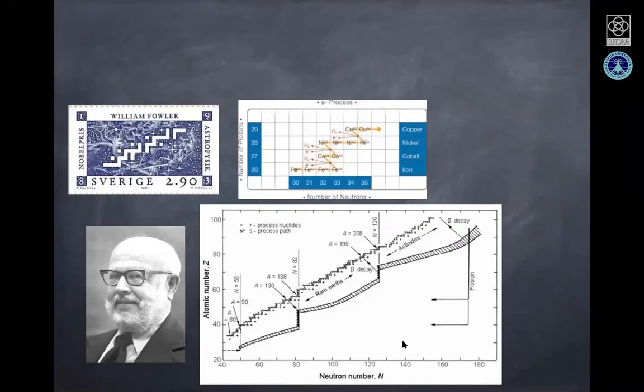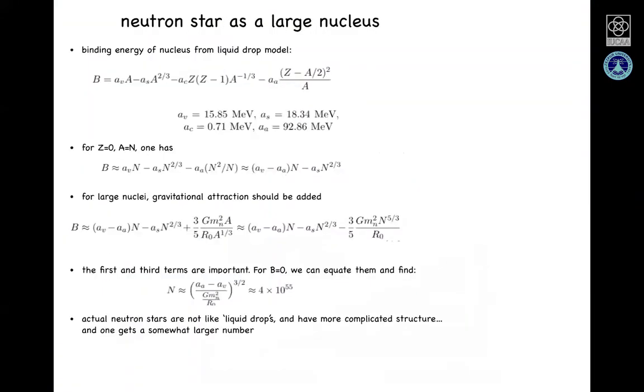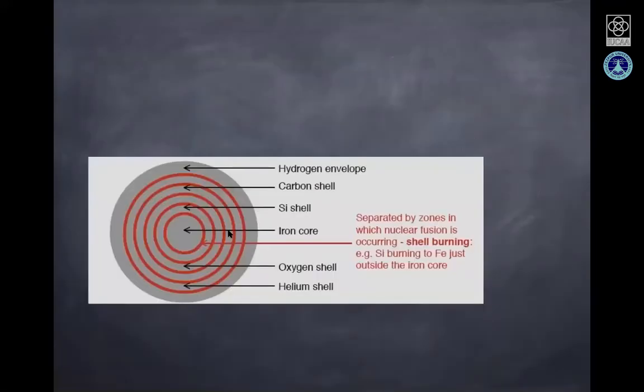So at the time of the supernova, all that has been synthesized. Remember, in the onion structure of the star, all this is going to be expelled into interstellar space.